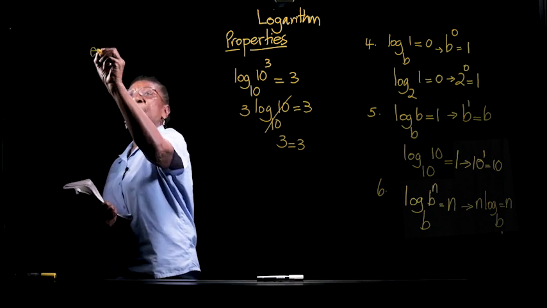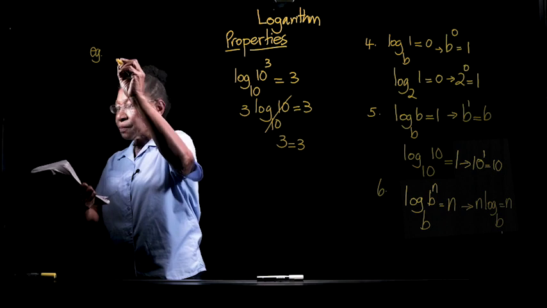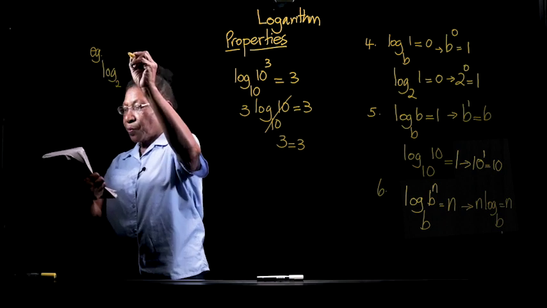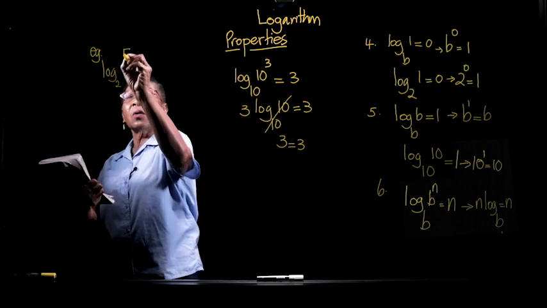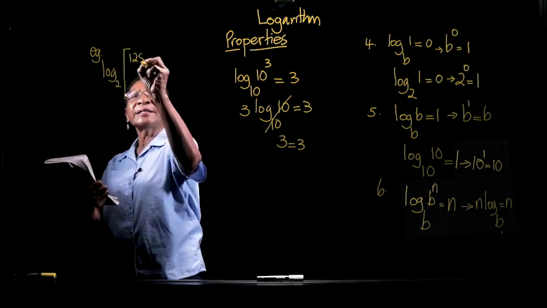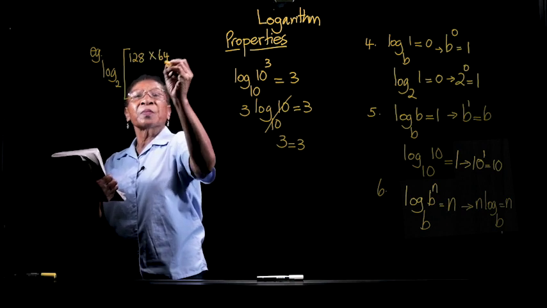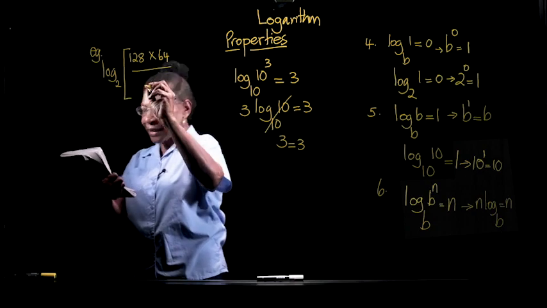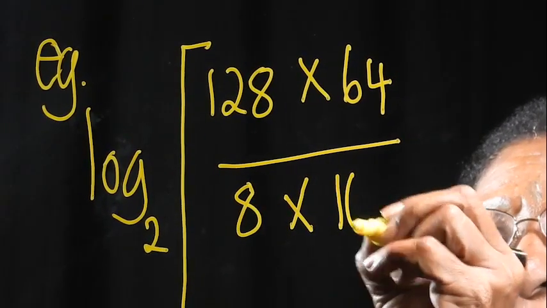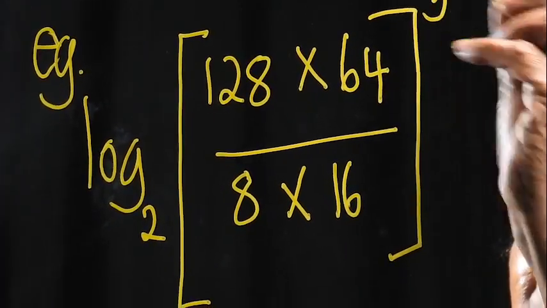The example is log base 2 of all of that, 128 multiplied by 64 all over a denominator of 8 multiplied by 16, all of that raised to the power of 5.